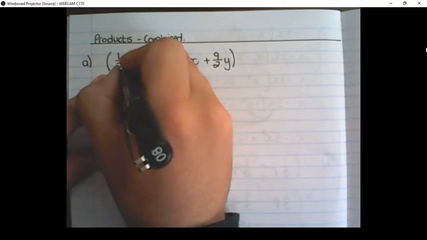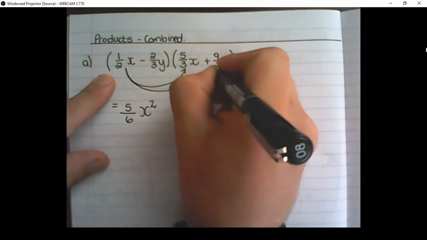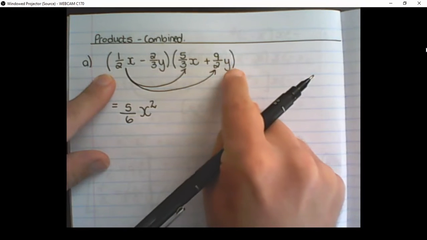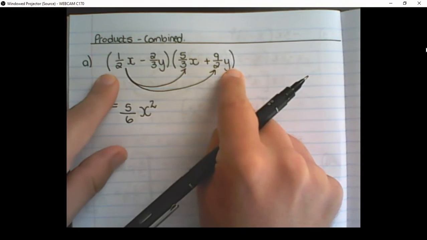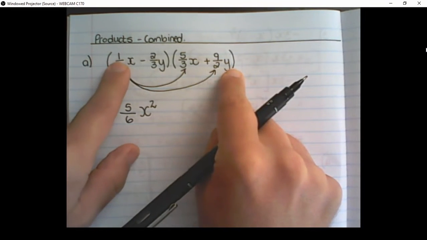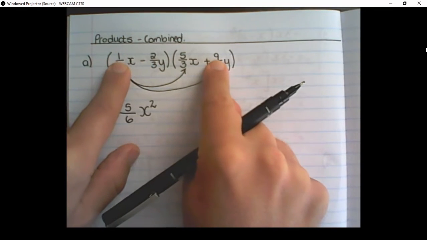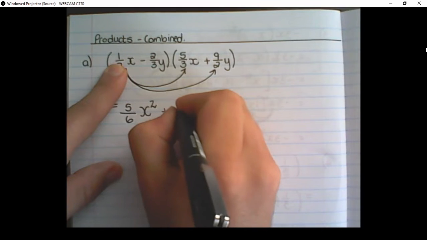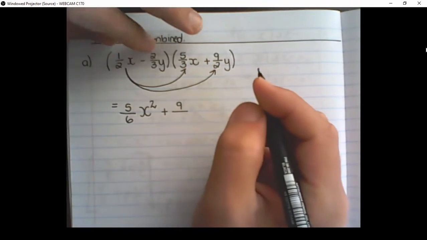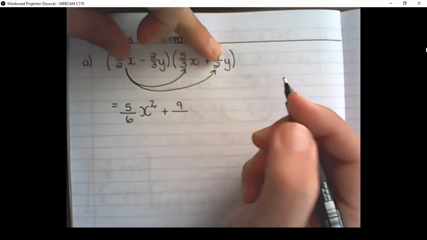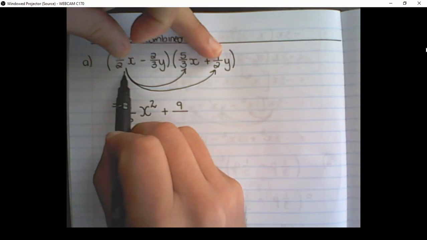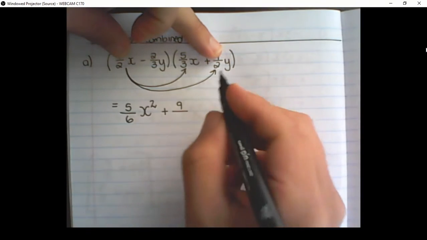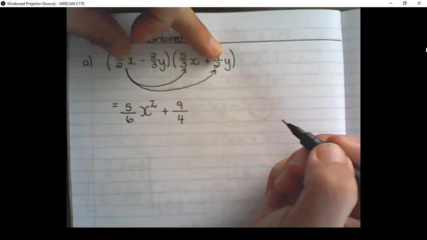The second term that we are going to multiply with is 9 over 2y. And we follow the same process. 1 times 9 in the numerator is 9. And then in the denominator we have 2 times 2, which will become 4.